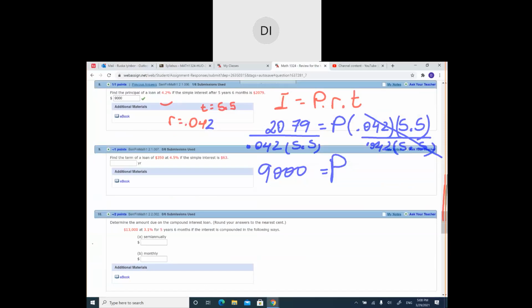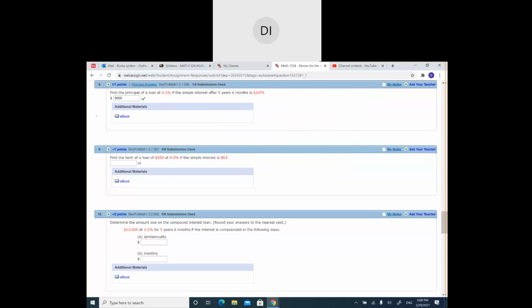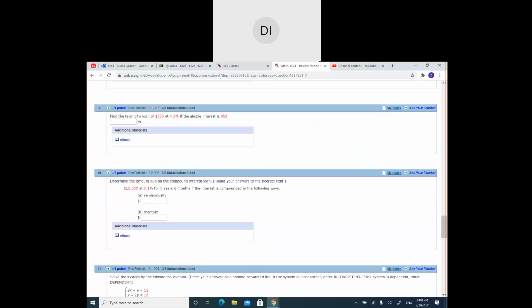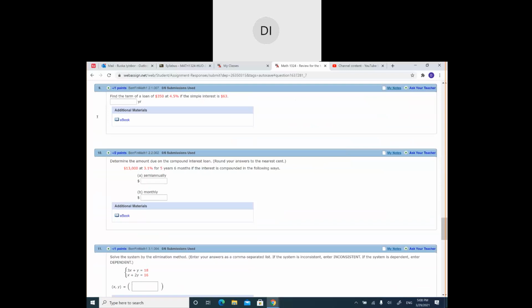Okay, the next one: we have to find the term of a loan of $350 at 4.5%. The simple interest is 63. Here we're using the same formula, but we have to find T, the time. The formula was the interest is P times R times T, that's simple interest.